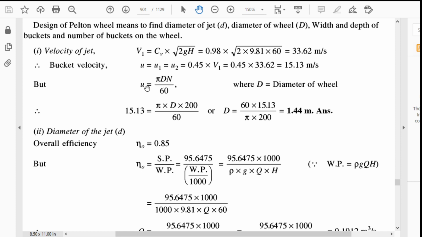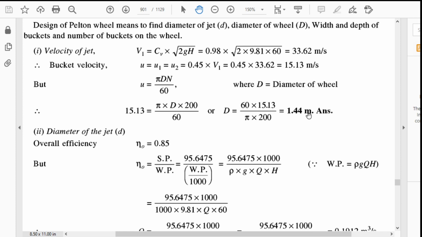Use u equals pi D N upon 60. U we have calculated here, N they have given as 200 rpm. Substitute all the values, you will get the diameter of wheel as 1.44 meters.